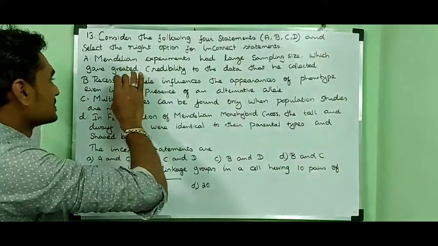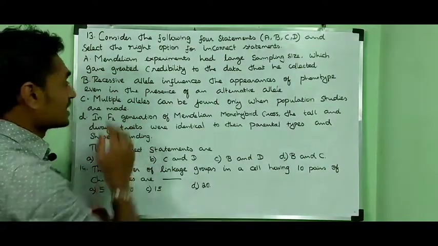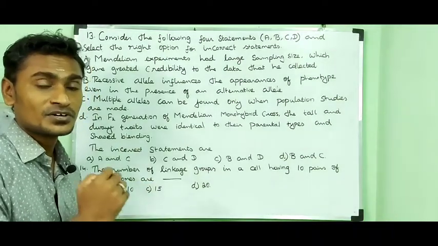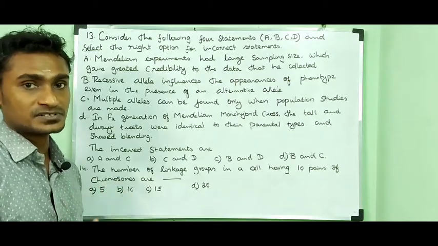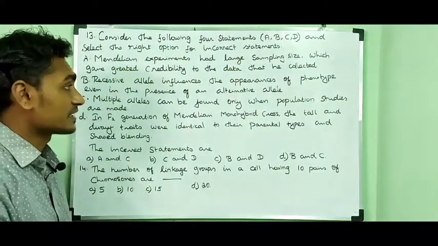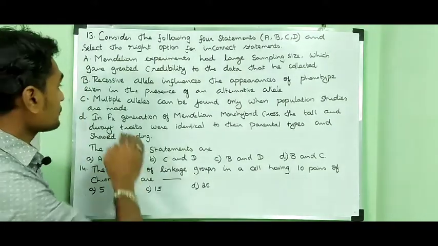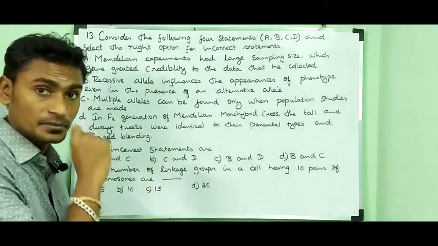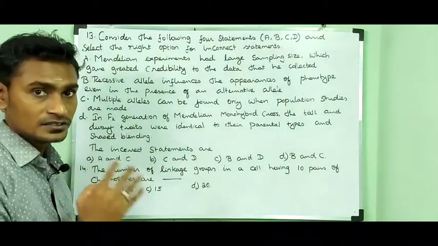Statement B is wrong, because a recessive allele cannot influence the phenotype in the presence of the dominant allele; the dominant character will be expressed. So option B is the wrong statement.